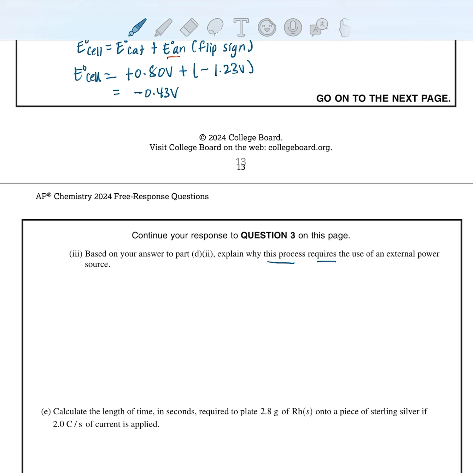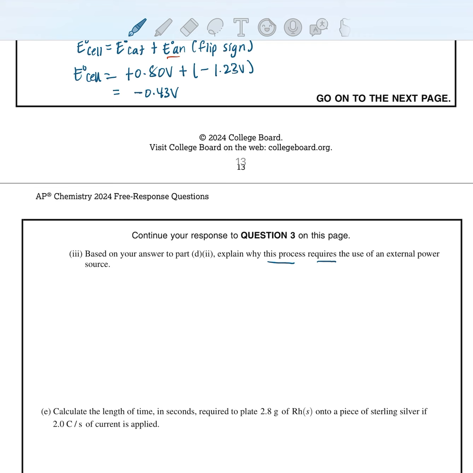Positive Ecell values mean whatever normally gets oxidized will get oxidized, and whatever normally gets reduced will get reduced. But when you're making an electrolytic cell or doing electroplating, you will get negative Ecell values, and that negative sign indicates I need 0.43 volts to actually plate this rhodium metal onto my electrolytic cell.